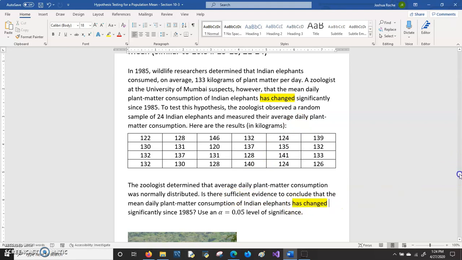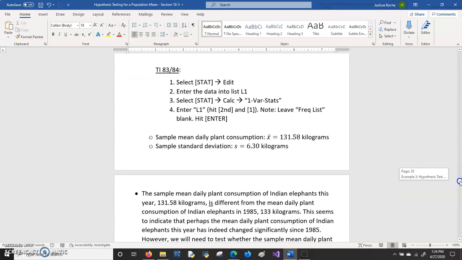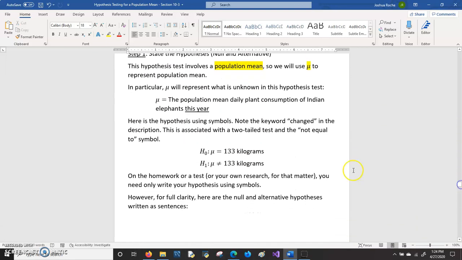When you see that phrase has changed, in your hypothesis you'll use the not equal to symbol. It's similar to if you see the phrase different. So if you see the phrase changed or different, then you'll end up using this symbol for your alternative hypothesis.